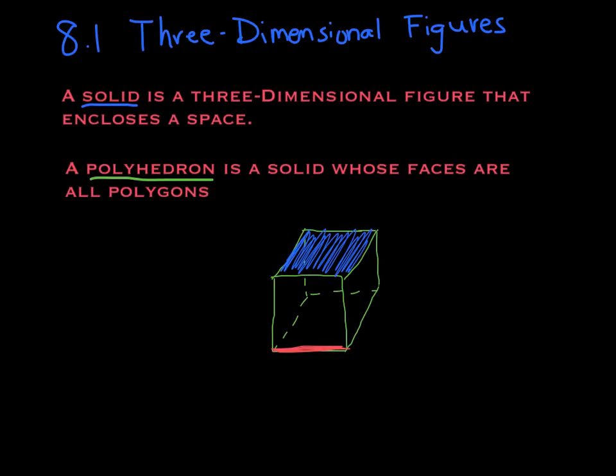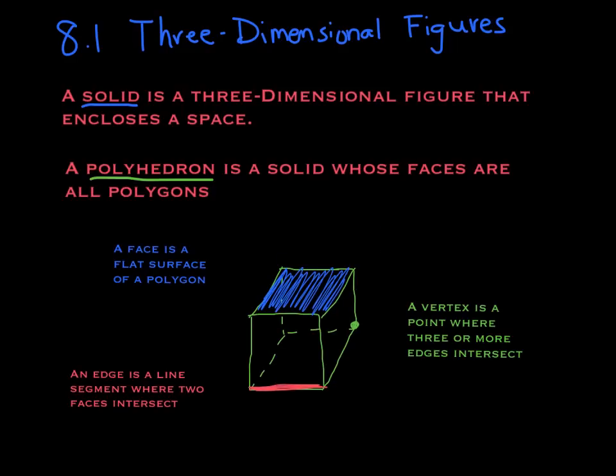And then my last thing is a vertex, and that's a point where 3 or more edges intersect. So this would be a vertex. There's also many more faces, many more edges, and many more vertices. I'm going to put the definitions on here. I want you to copy those down, but just so you know, those are the 3 things we're going to talk about next.